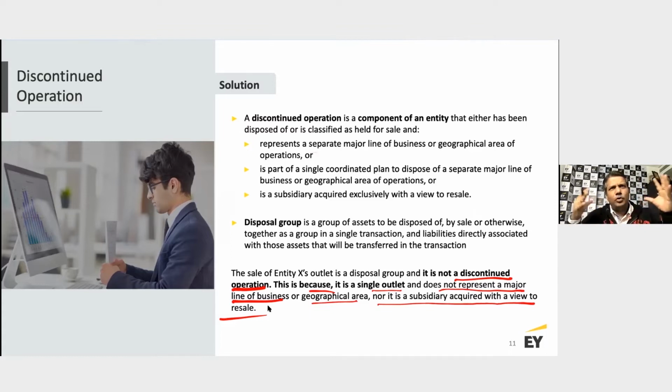You have 101 outlets, you intend to sell one that may qualify as a disposal group, that may qualify as a component, but it does not represent a separate major line of business or a geographical area of operations, or a subsidiary acquired with a view to resell, and hence it's not meeting the definition of discontinued operation.